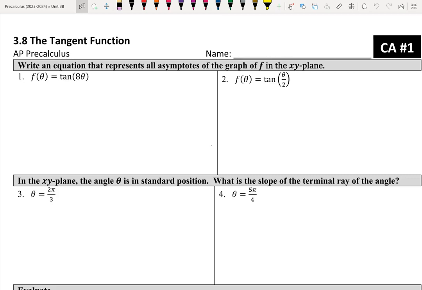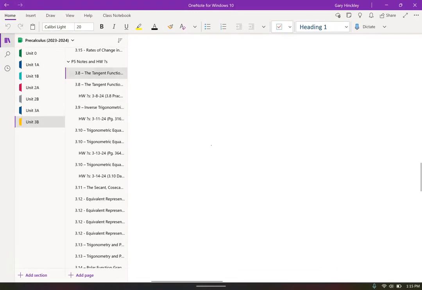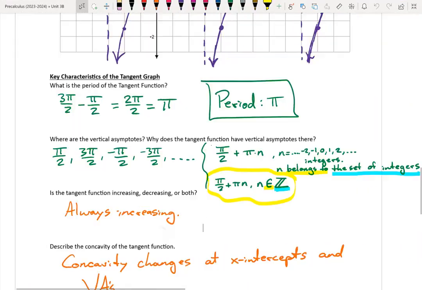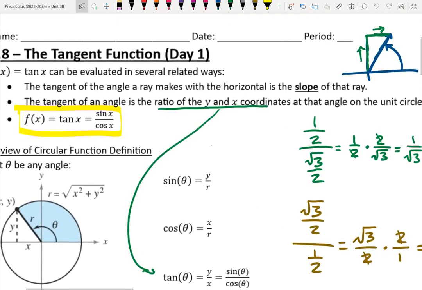Now, 3 and 4 is worded very strangely, so please don't pack up yet. It says, what is the slope of the terminal ray of the angle? That is actually in yesterday's notes. If we go to yesterday's notes, at the top of our notes, very first thing that I talked about, notice right here, the tangent is the slope of the ray.